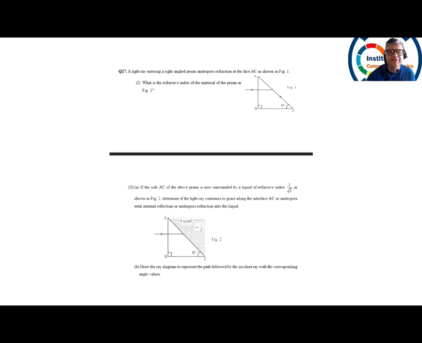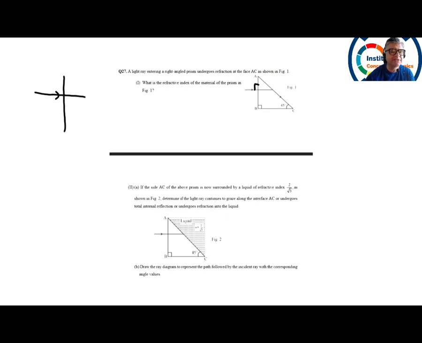Any ray which is perpendicular will go straight. If you have a face of the prism and the ray goes perpendicular, there is no refraction. It goes straight. So the ray has gone straight and now it has struck the surface AC.